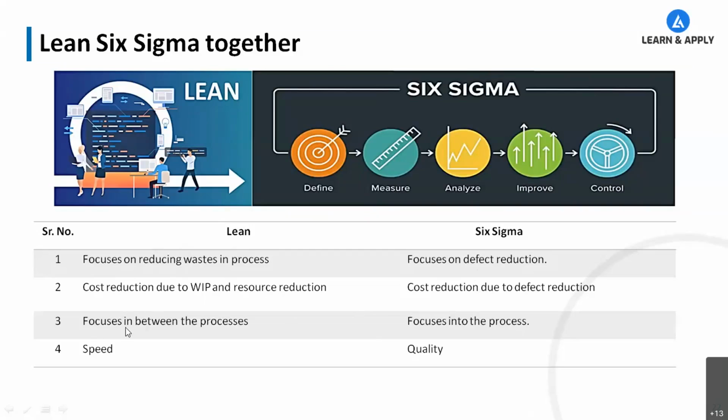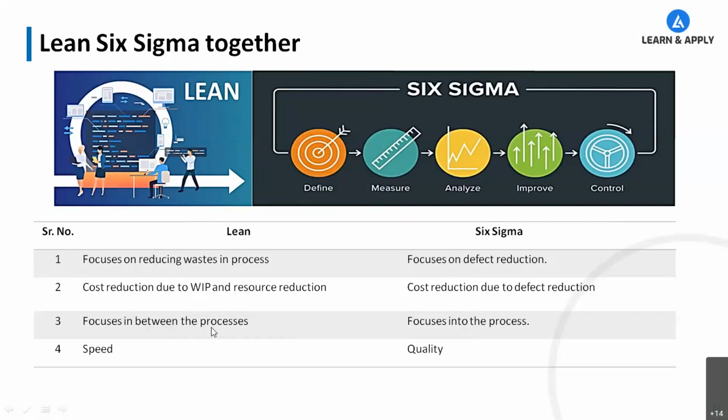Then the third, the Lean, as we have seen, is about motion, about transportation. So that was between the processes. Between process A and process B, the Lean will operate. Whatever waste there is will be removed with the Lean. And the Six Sigma focuses in the process. What is the defect level of that process? So Six Sigma works on that process level.